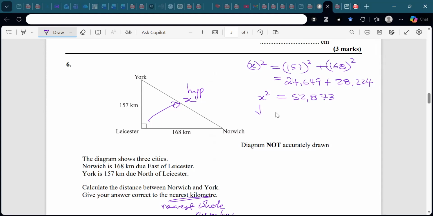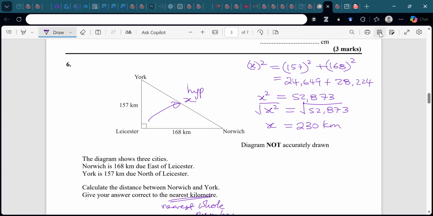So to find x alone, which is the distance between York and Norwich, we're going to get, to the nearest kilometer, 230 kilometers, because the answer is 229.94. So because it's to the nearest kilometer, we round up.